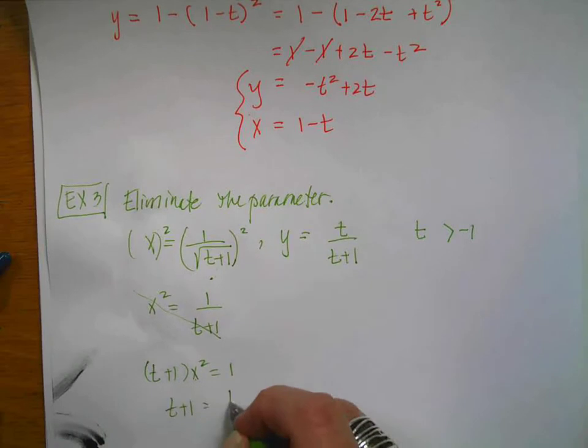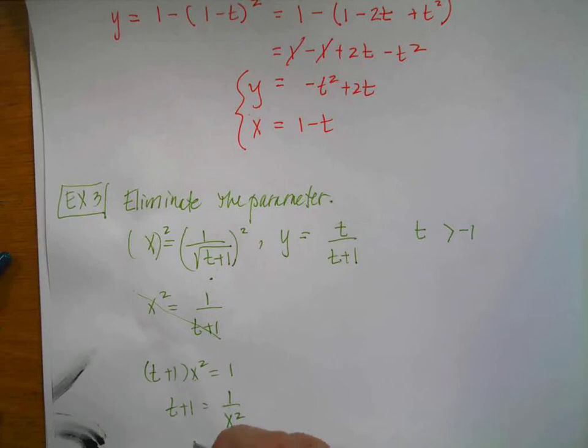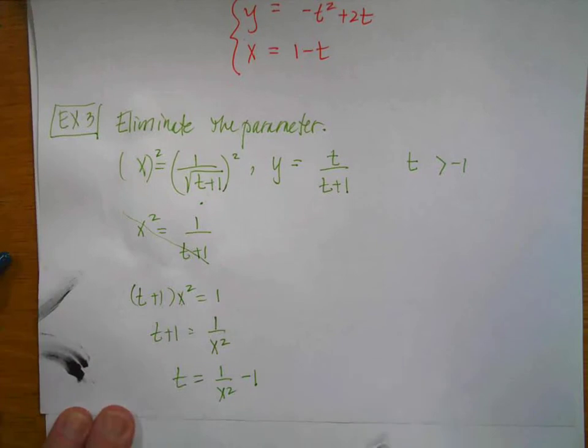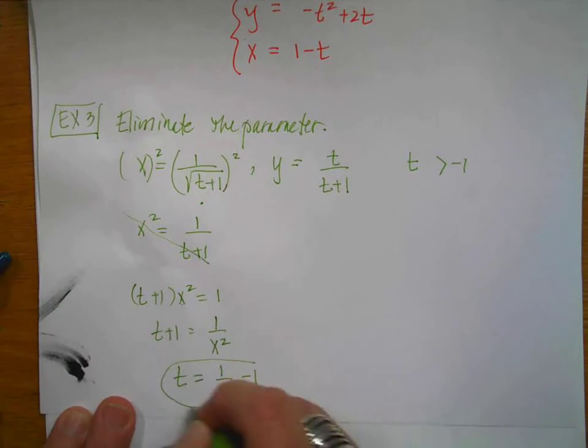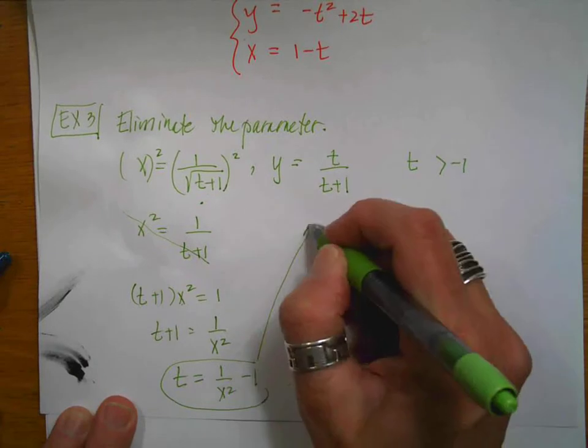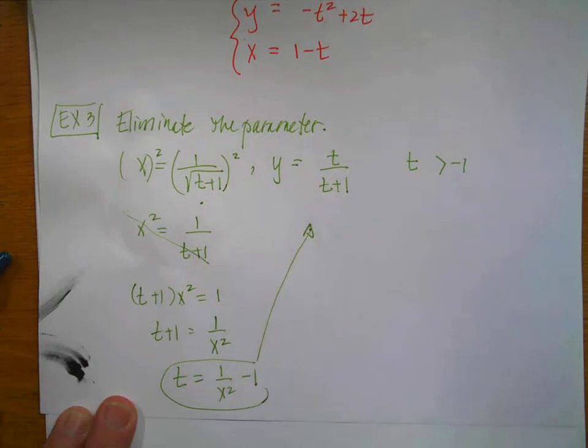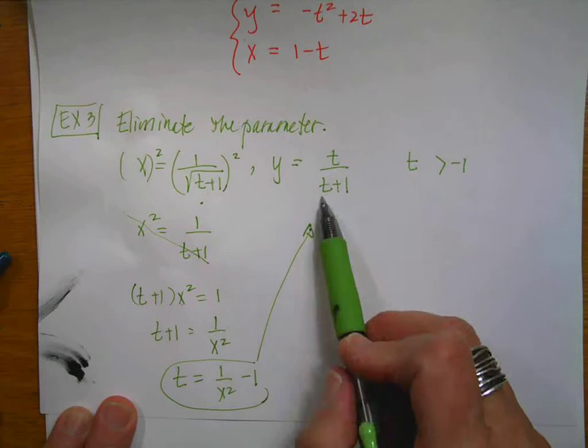I'm not going to distribute, so t plus 1 is equal to 1 over x squared. t is equal to 1 over x squared minus 1, okay? So there's my time.